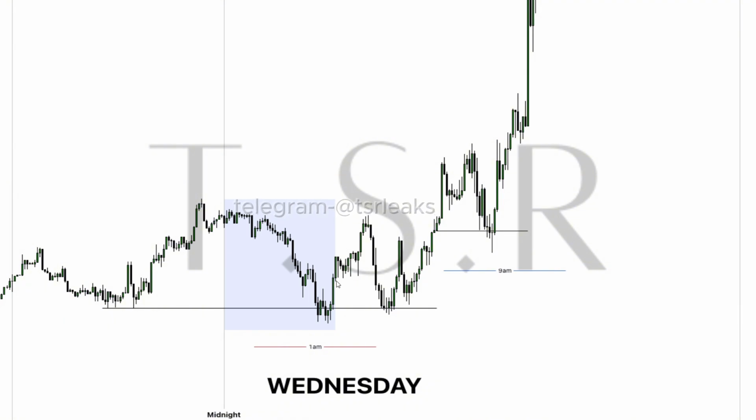The lower time frame market structure shift that occurred when the higher time frame change in state of delivery happened was right over here. The high that caused the turtle soup was broken. Market structure shift.